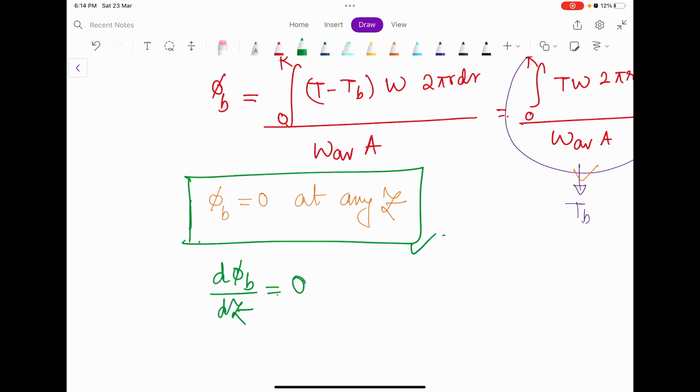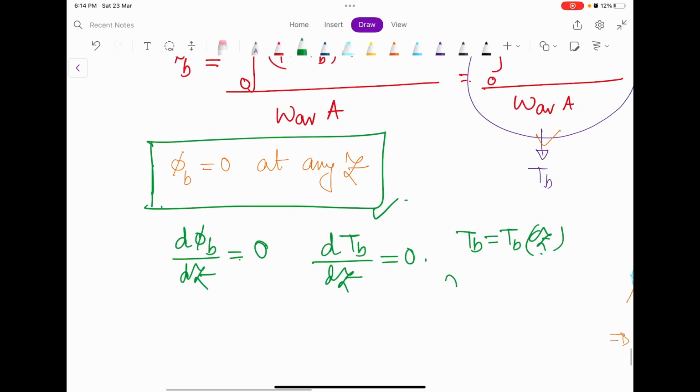But can we say dTb/dz is equal to 0? We cannot say that. I have told you Tb is a function of z, not of r only. I can write d phi b/dz equal to 0, but dTb/dz equal to 0, that we cannot write.